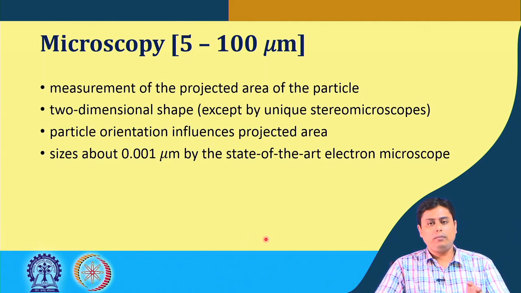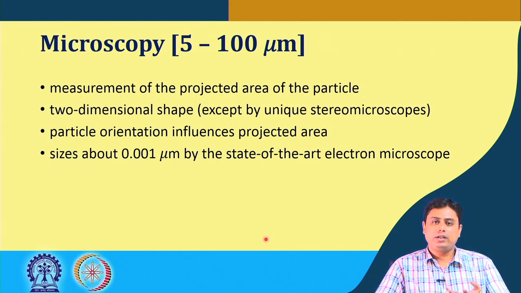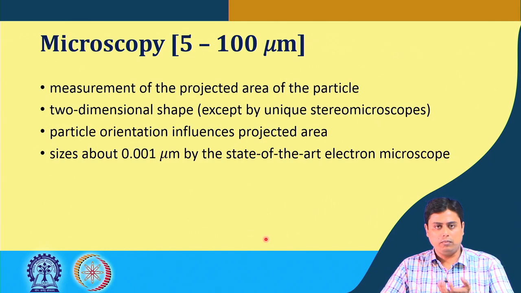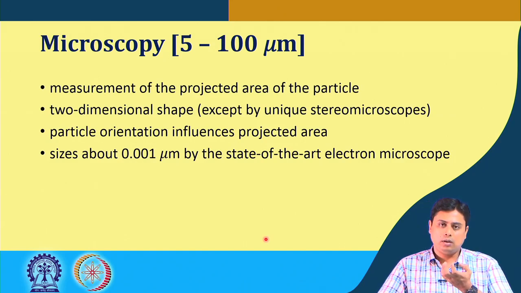Now, one of the biggest disadvantages of this microscopic method, although it is a direct measurement process, is that it gives us a two-dimensional representation of a three-dimensional body, because what you are seeing is the projected area of a particle.